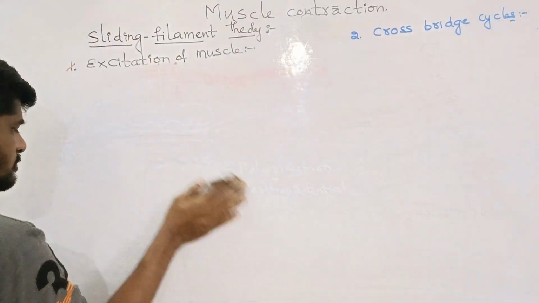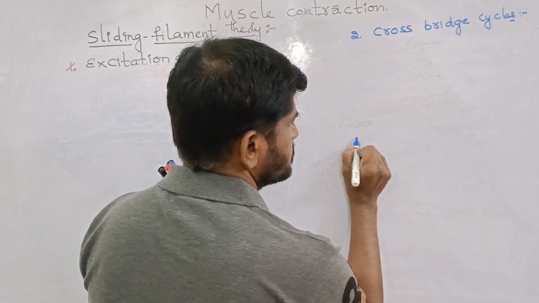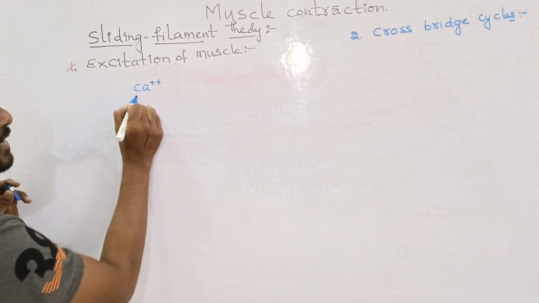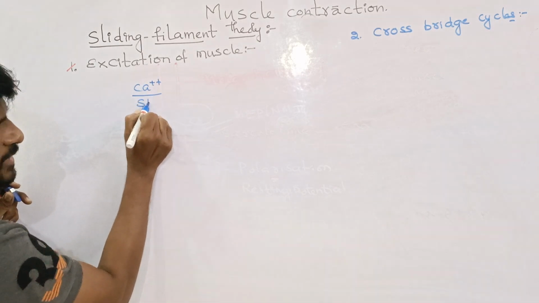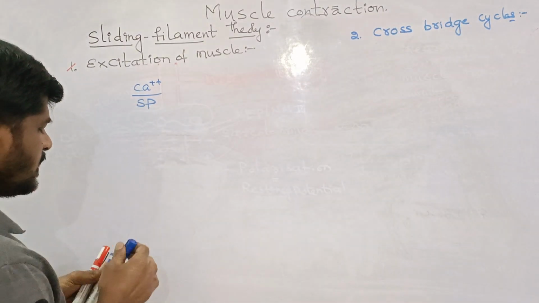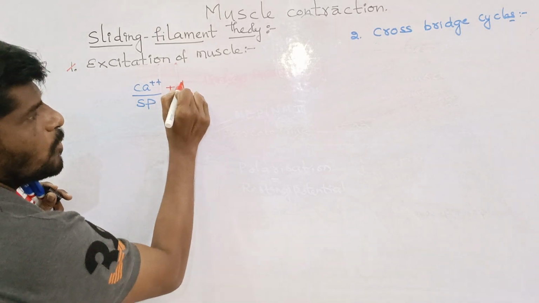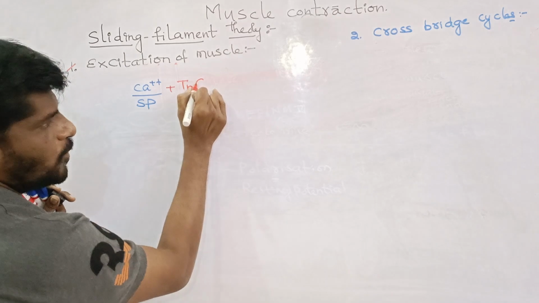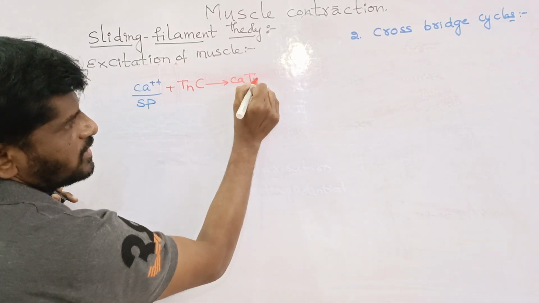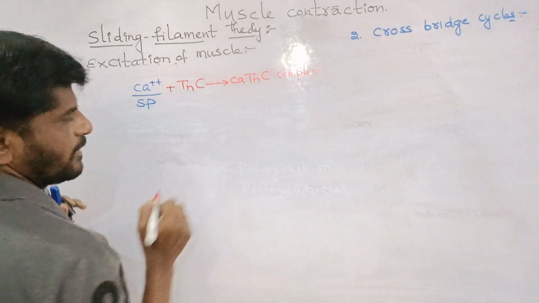See this. When the calcium ions are released into the sarcoplasm at the end of the excitation of the muscle, the calcium ions react with the troponin C of the troponin, forming the calcium troponin C complex. This is one.